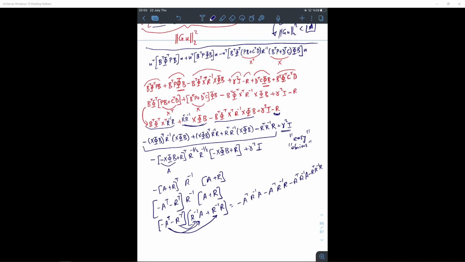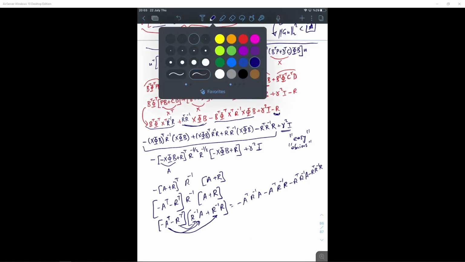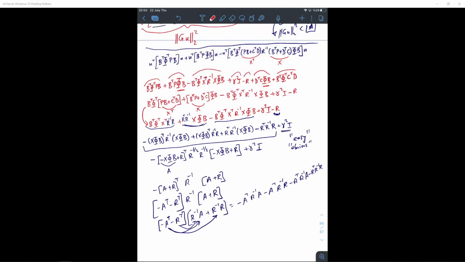Okay, let's check the terms one by one. This is the first term. Remember, we just call a minus X phi b, right? And let me check this. This is the second term.